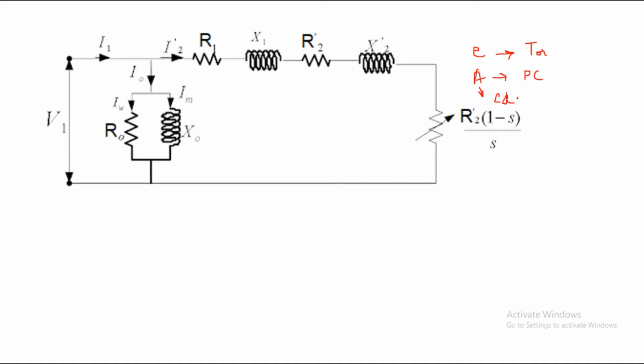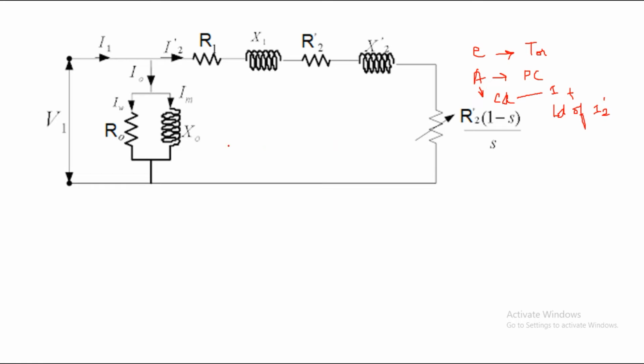In this circle diagram, we are going to include all current phasors that we see in this equivalent circuit. Especially we have to include the locus diagram of rotor current. So the circle diagram has to include all current phasors as well as the locus diagram of rotor current.